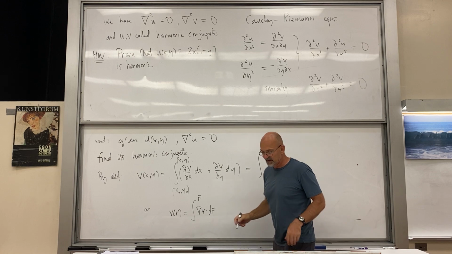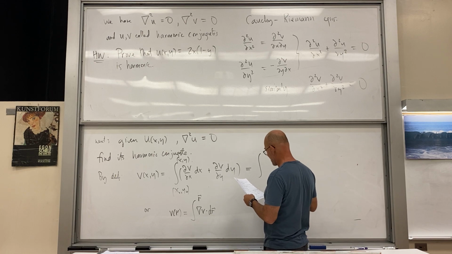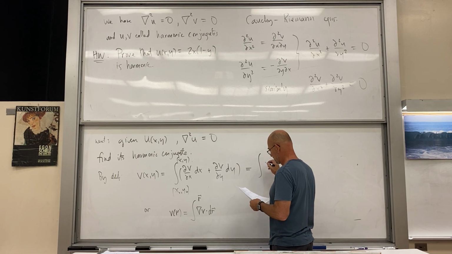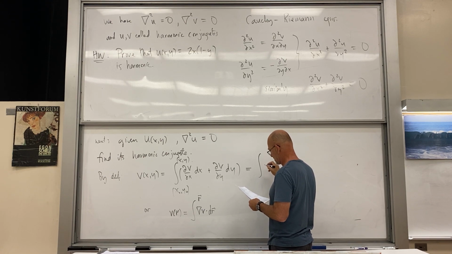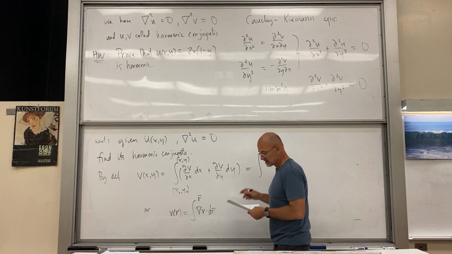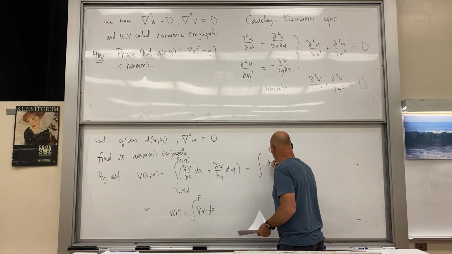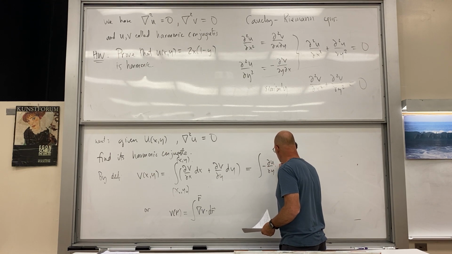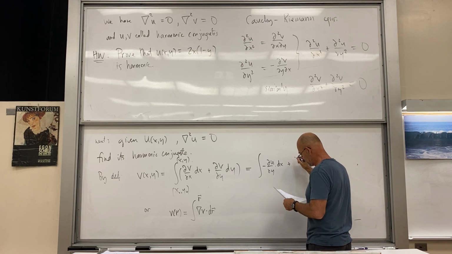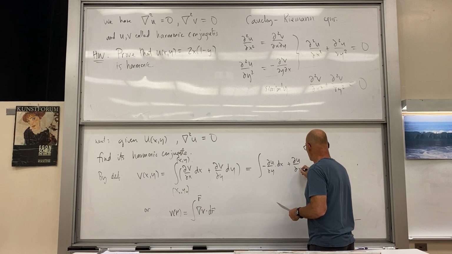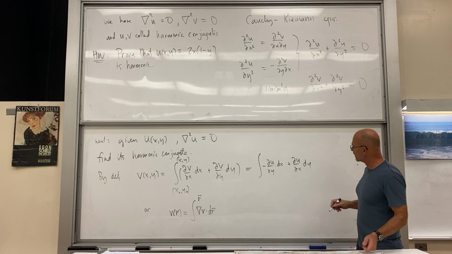So for the dv/dx, we have minus du/dy. Is that right? Yes. Okay. So we have minus du/dy dx, and then plus dv/dy, which is du/dx, dy. And that would be the answer already.